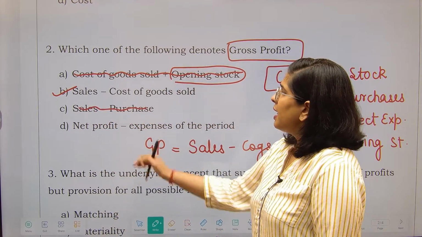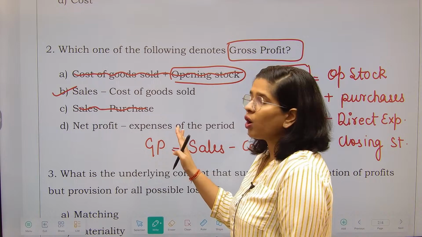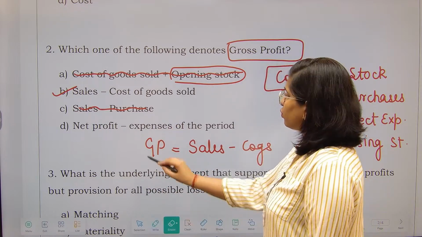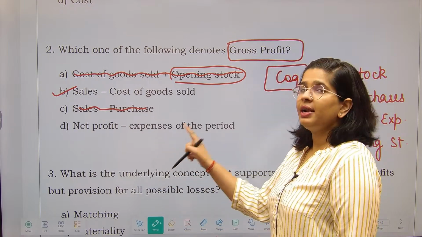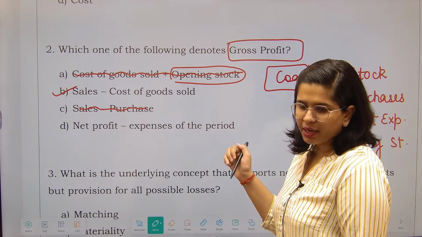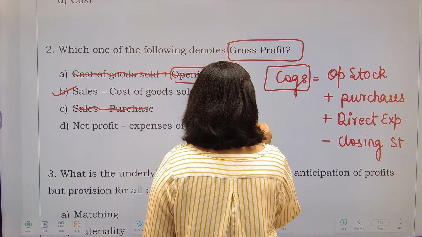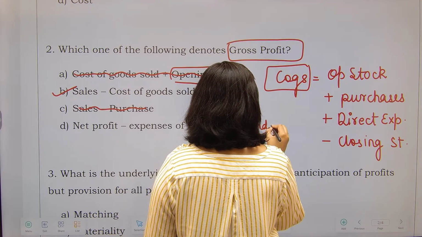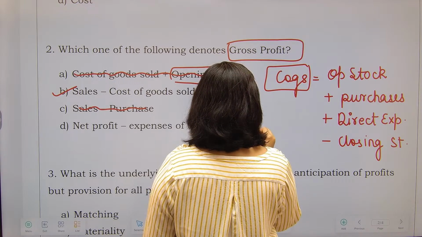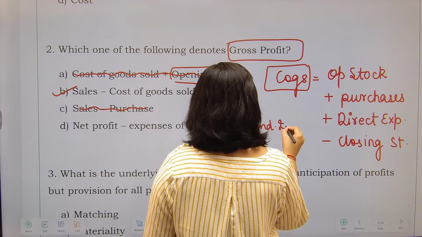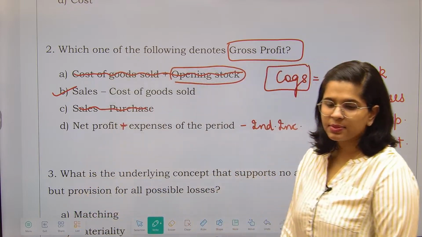Then the third option, net profit less expenses of the period. Yes, we can go through this route also, but they are missing something here. Net profit less expenses of the period is great, but you also have to deduct indirect incomes and add back the indirect expenses.